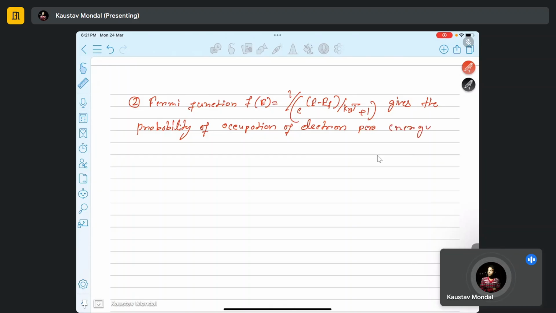This occupation number is nothing but the probability distribution, right? Occupation and probability are kind of synonymous words, right? So it is a probability of occupation per energy state.